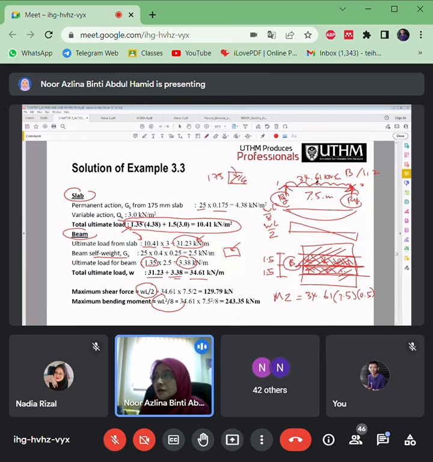Make it as a point load. Half of it will be turned to this point here, which is 7.5 multiplied with 0.5, another 7.5, in order to make it in kilonewtons.